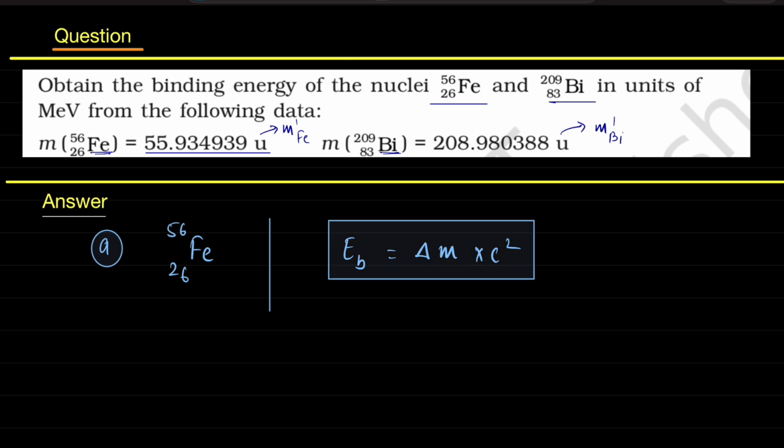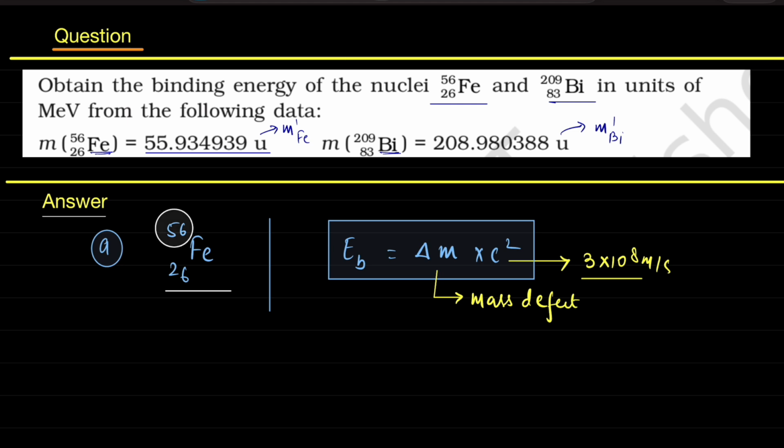Eb represents binding energy, delta m is the mass defect, and C is the speed of light. Its value is 3 into 10 to the power 8 meter per second. Now what is mass defect and how to find it? If we have iron, its atomic mass is 56. We represent it as A, and the atomic number as Z.